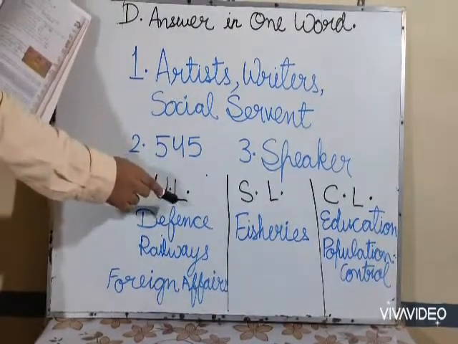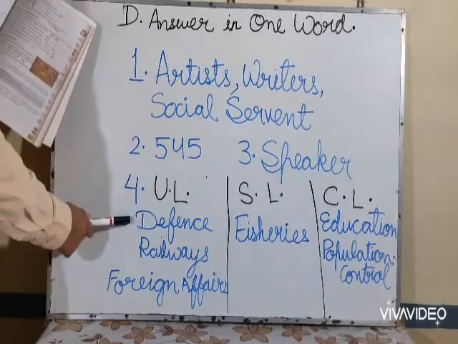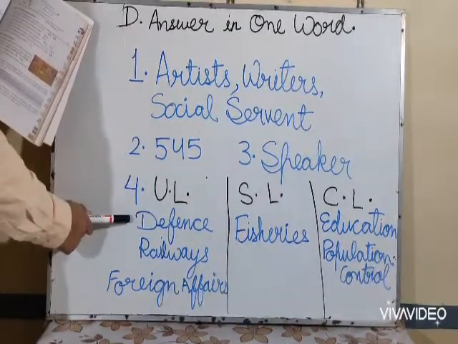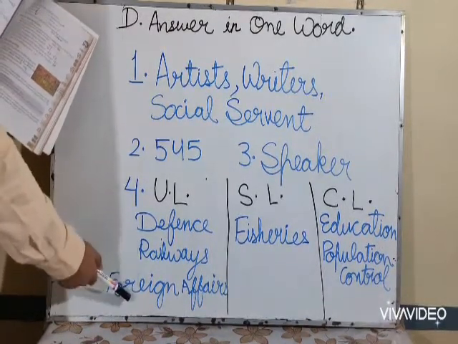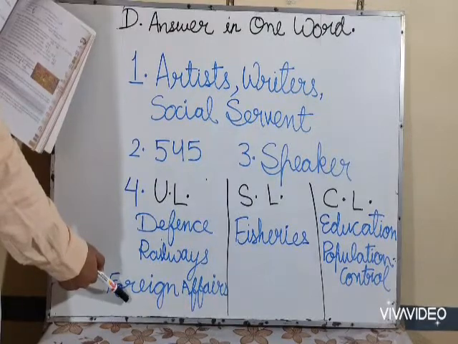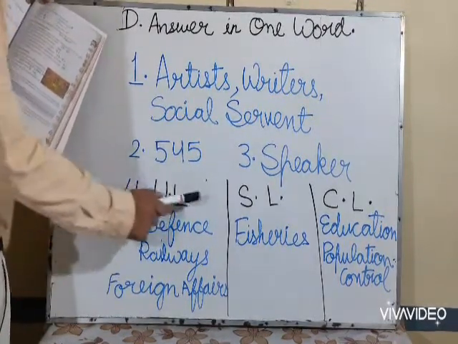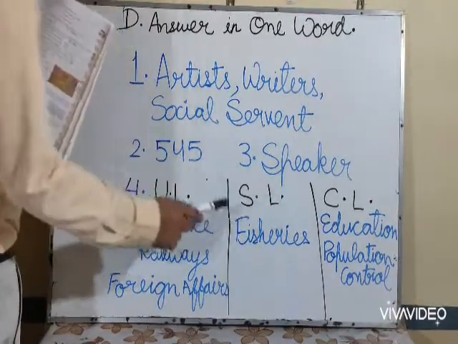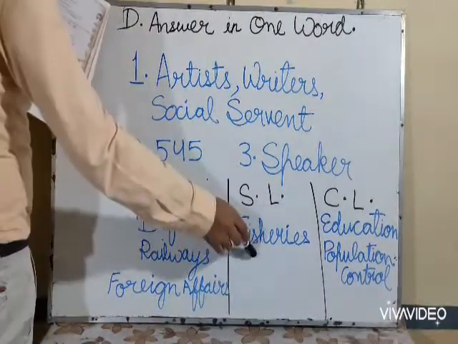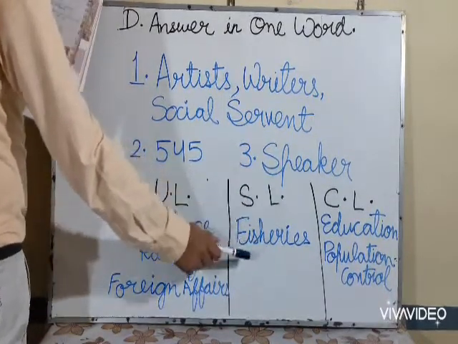UL means union list; in it defense, 4C in your book, then railways 4E, then foreign affairs 4F. These all three are in the union list. SL means state list, and fisheries 4B is in the state list.